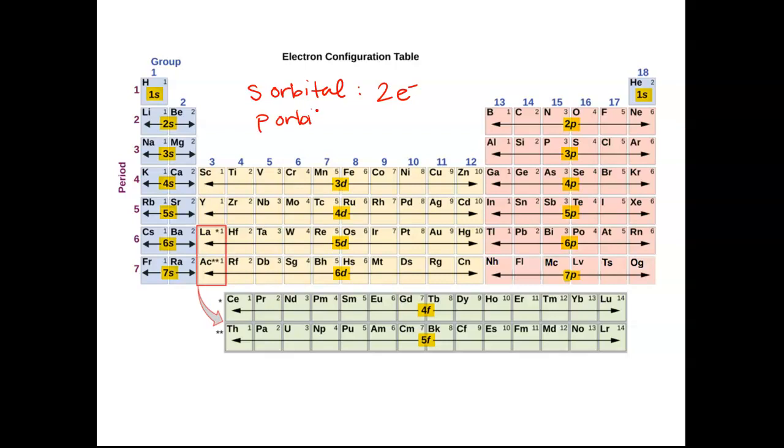So the p orbital, we can have 6 electrons, and we see 1, 2, 3, 4, 5, 6. And then we're ready to move on to 3. Again, 3s can have 2 electrons, the 3p can have 6, and then 3d can hold up to 10.